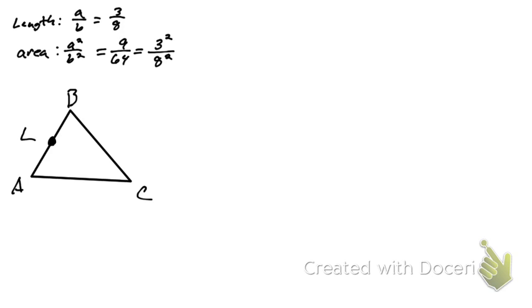Okay, so we have L, M, N. So I guess this would be the same as that. This would be the same as that. This would be the same as that.